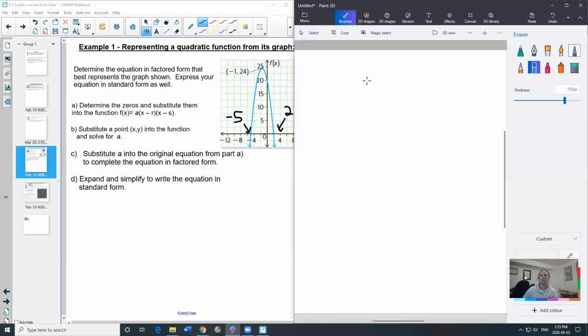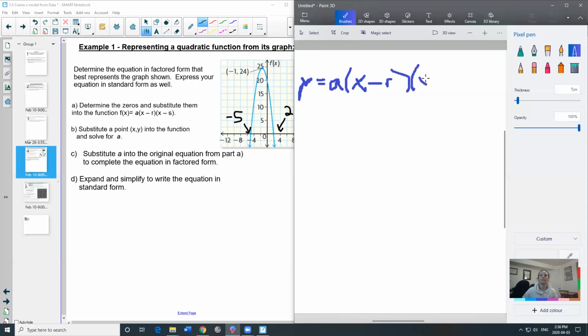I'm going to do the writing on this side, and I'm sorry about the writing. It's not very smooth, but hopefully you can get the idea. So y is equal to a(x minus r)(x minus s). But I know that my r and my s value are negative 5 and positive 2.